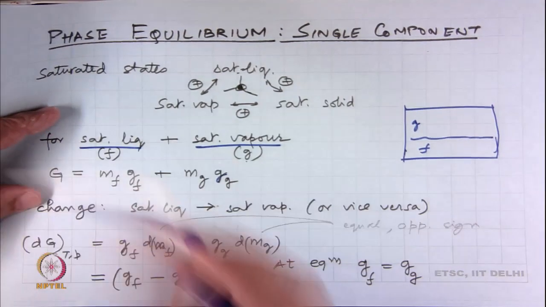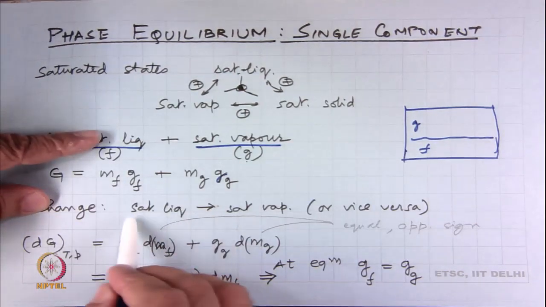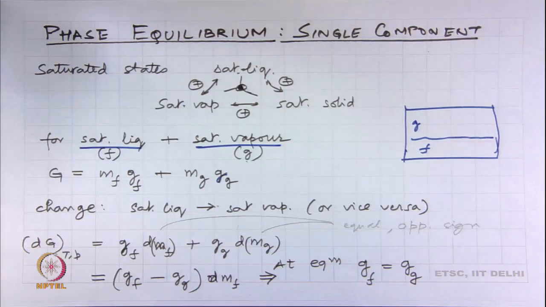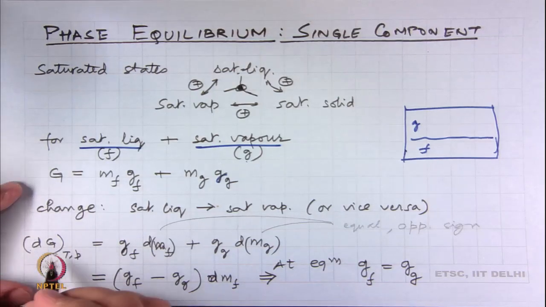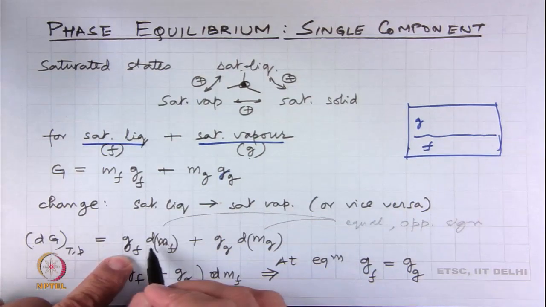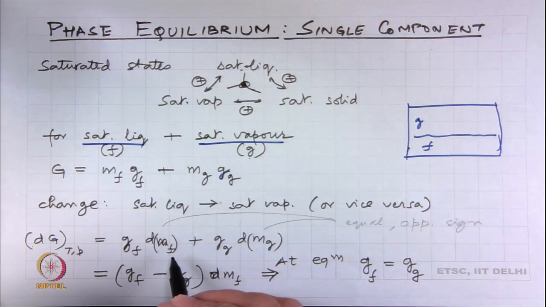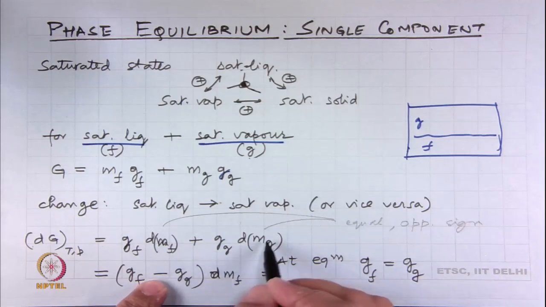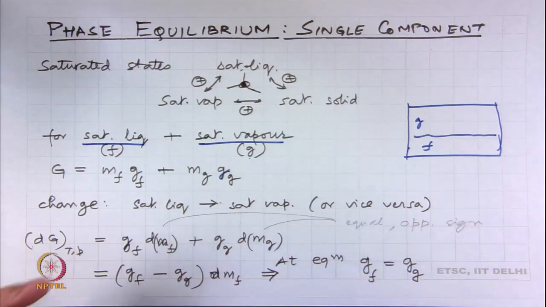Now, what will happen if there is a small change from saturated liquid to saturated vapor or vice versa? This will result in a small change in the Gibbs function, dG at T, P, which we can write as g_f dm_f, a small mass of liquid that disappeared, plus g_g dm_g, and this will be with a minus sign because this would have decreased.